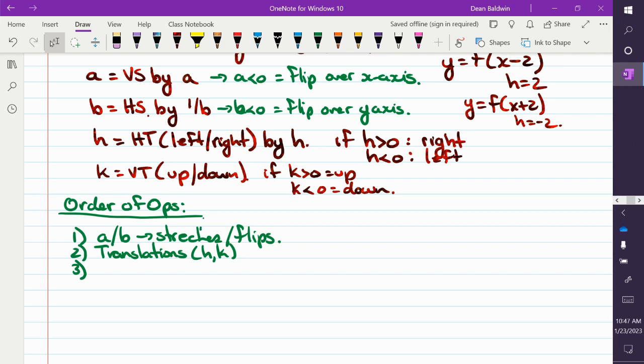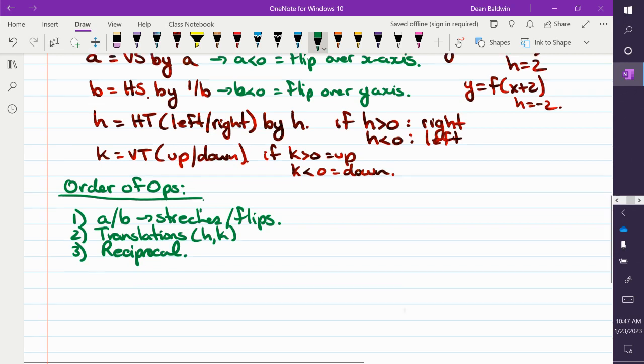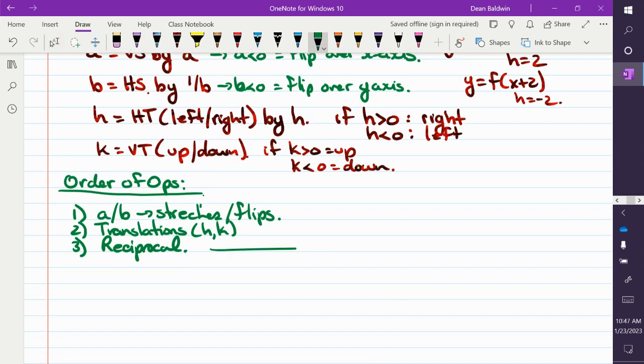The 1 overs. Remember doing those graphs? Reciprocal goes last all the time. But remember, if you're doing a reciprocal graph, well, here, I'll do one quickly. We'll do a polynomial. Here's my graph, f of x.